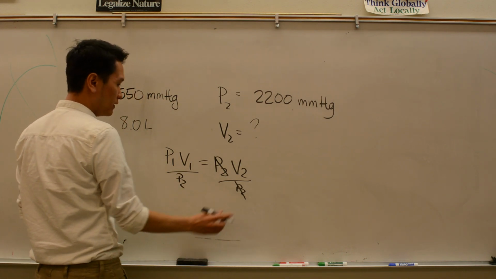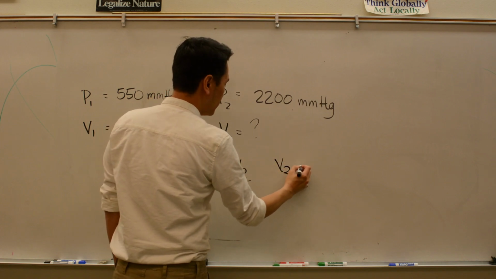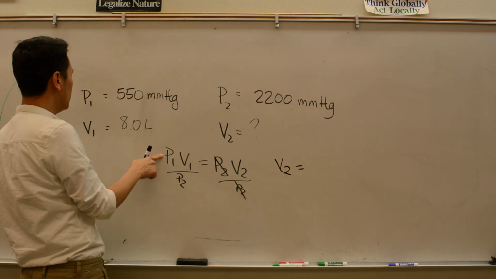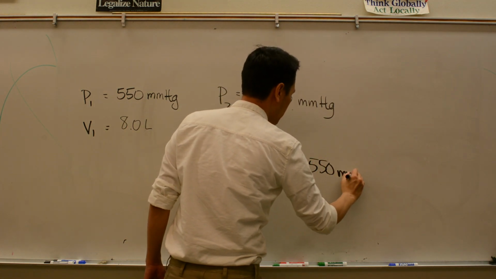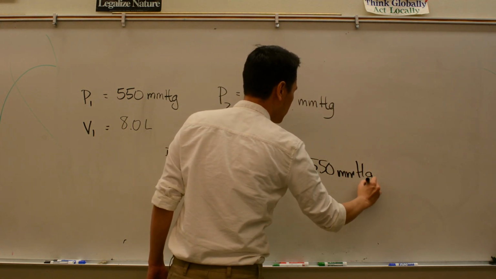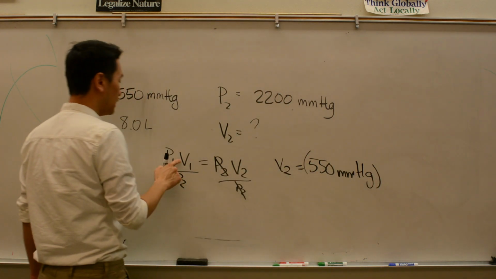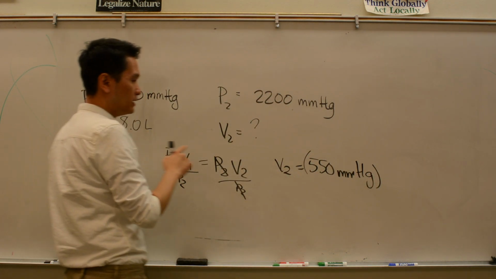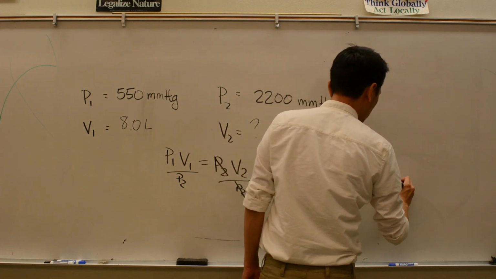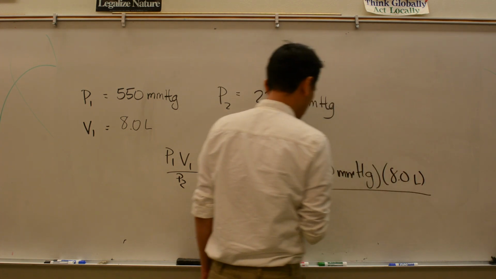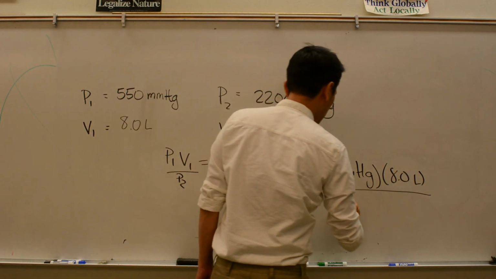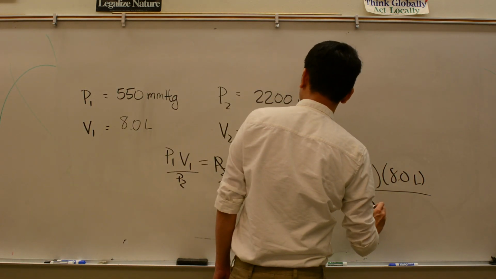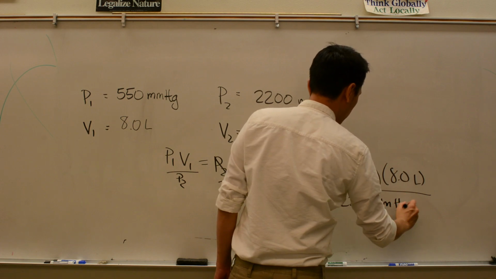Let me rewrite that over here. So V2 is equal to P1, which is 550 millimeters of mercury, times V1, which is 8.0 liters, divided by P2, which is 2,200 millimeters of mercury.